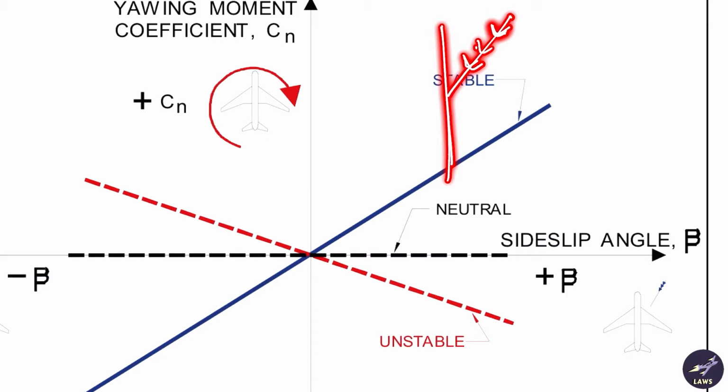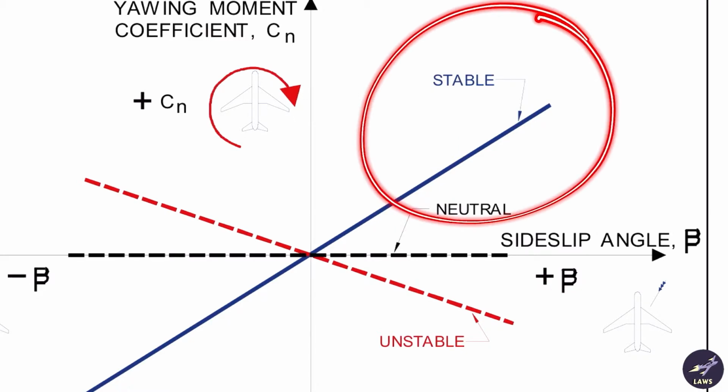In order to come back to equilibrium, the aircraft will have to have a right yawing moment. So we have a right yawing moment with a right side slip, and the aircraft is able to come back to equilibrium. It is directionally stable in this case.